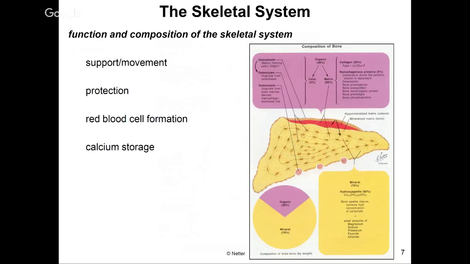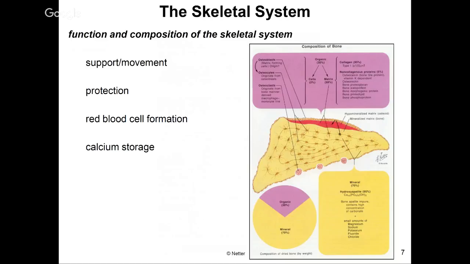Our brain's so important that it gets its own protection, encapsulated in bone. Well, some of us may have thicker skulls than others. Also the rib cage. So that is an important area.